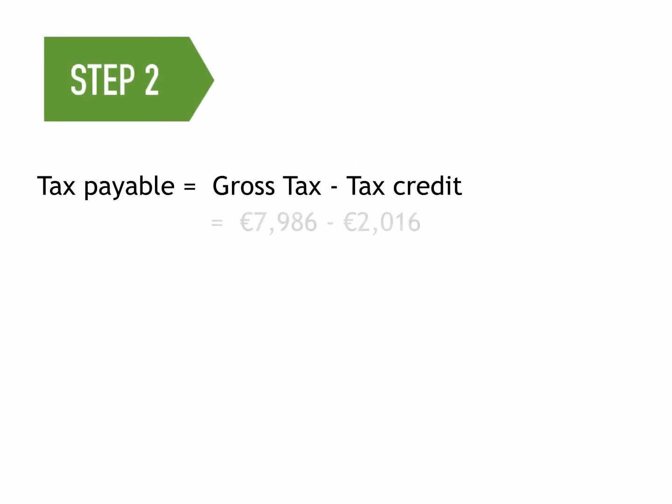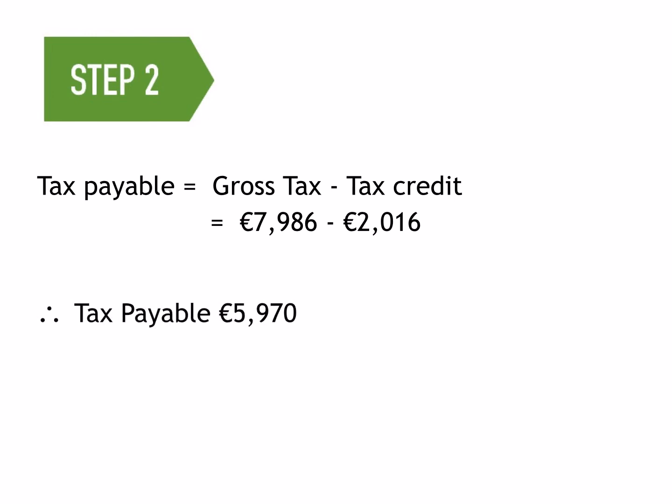Step 2. We are now going to calculate Tadhg's tax payable by subtracting his tax credit of €2,016 from his gross tax of €7,986. From this, we find tax payable works out at €5,970.